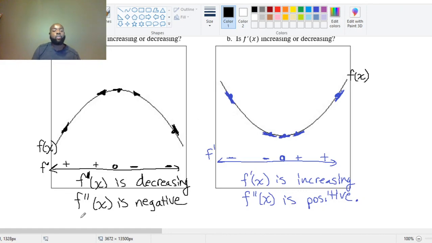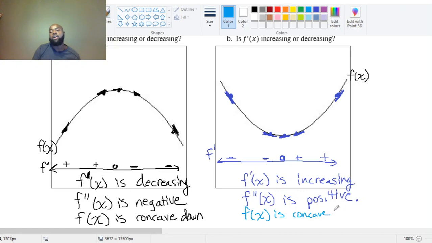And so what the second derivative tells me is the concavity of my function. My second derivative tells me the concavity of my function is opening downward on that entire interval where f prime is decreasing and f double prime is negative. When f prime is increasing and f double prime is positive, my function f of x is concave up.